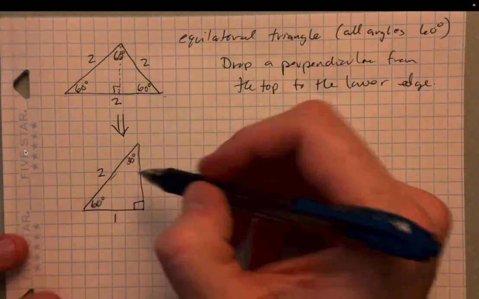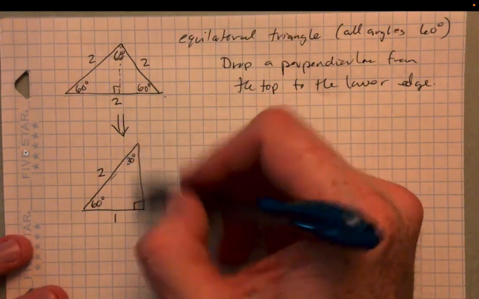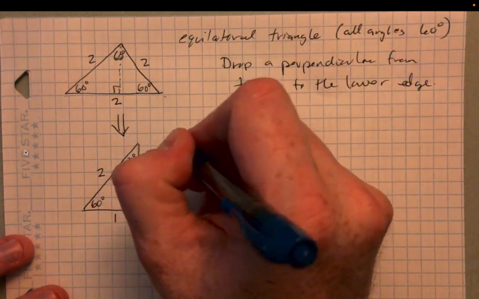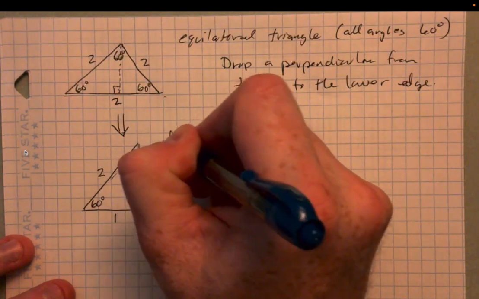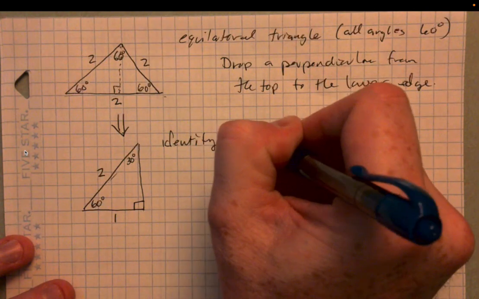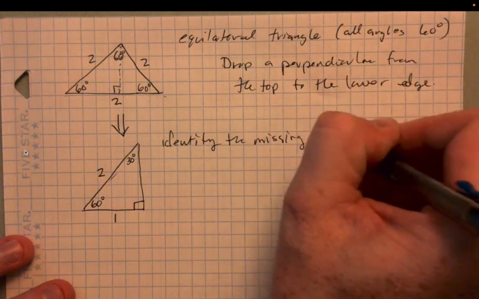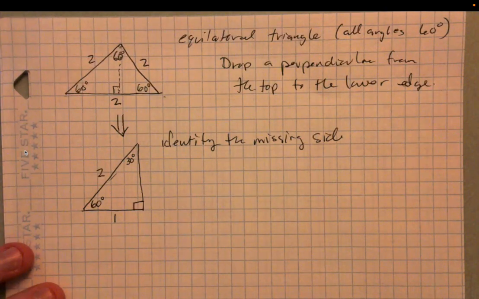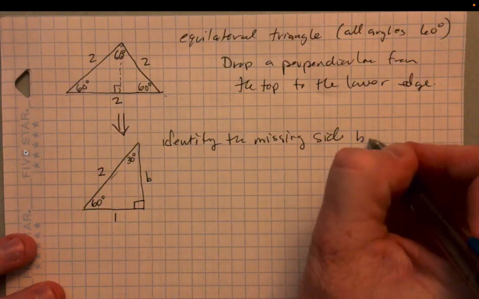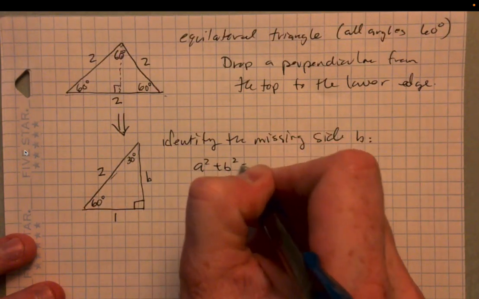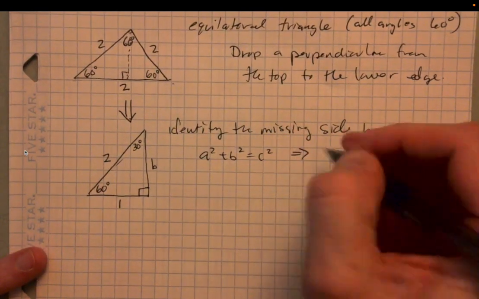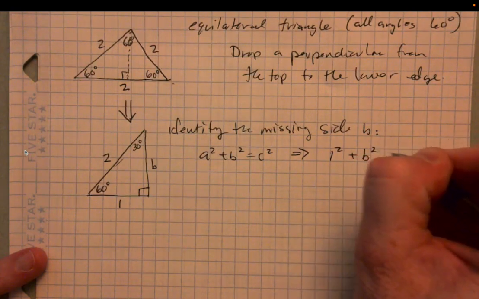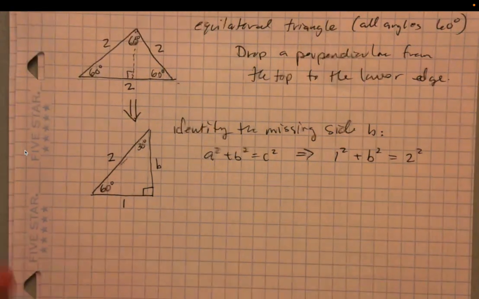Let's figure out what this side here is. We can do that using the Pythagorean theorem. Let's identify the missing side; we'll call it b. a squared plus b squared equals c squared, and we know a and c in this case. So we've got 1 squared plus b squared equals 2 squared.